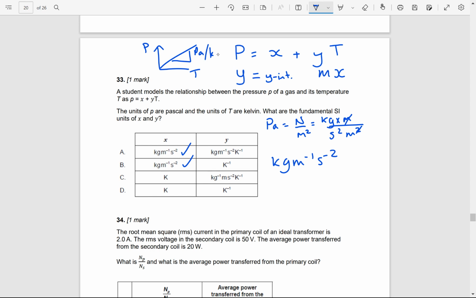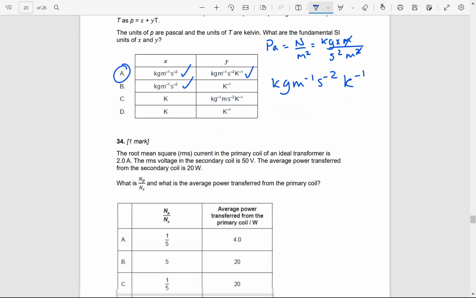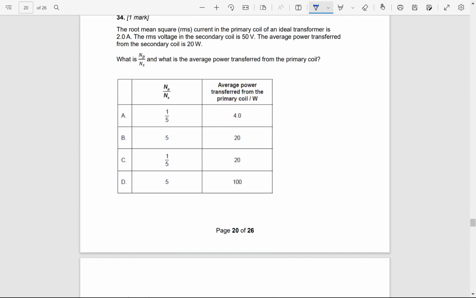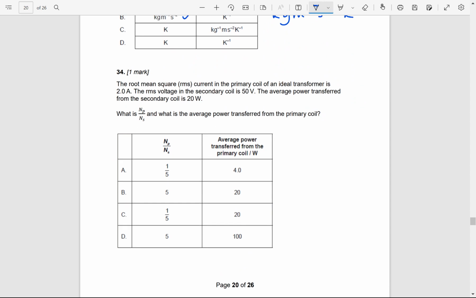So it's kind of pascals per Kelvin here. So it's pascals per Kelvin. So it's going to be this one. So the answer is A. Okay.